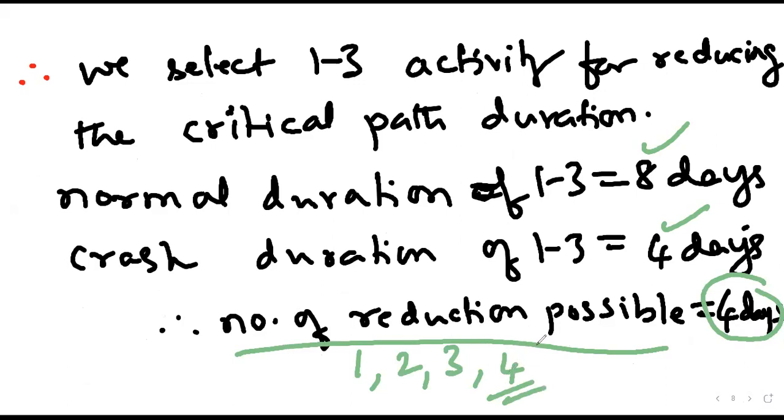It is not compulsory that you have to do the full reduction. You can reduce it even by 2 days or by 1 day or 3 days also. Are you getting the point? Yes, sir. So this is how we are supposed to do the reduction.